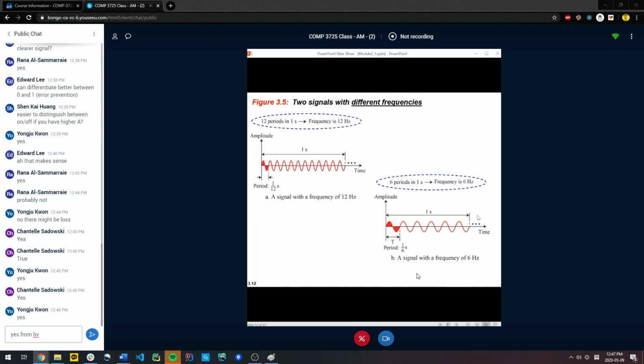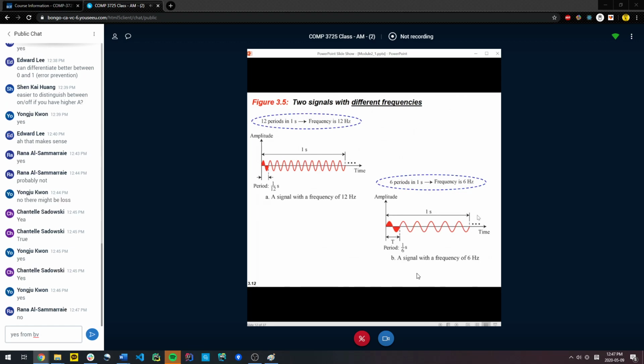Does the change in amplitude matter here? Meaning, does distance come into play here? No, exactly. Because the difference in amplitude will impact both the logical 1 and 0 equally.